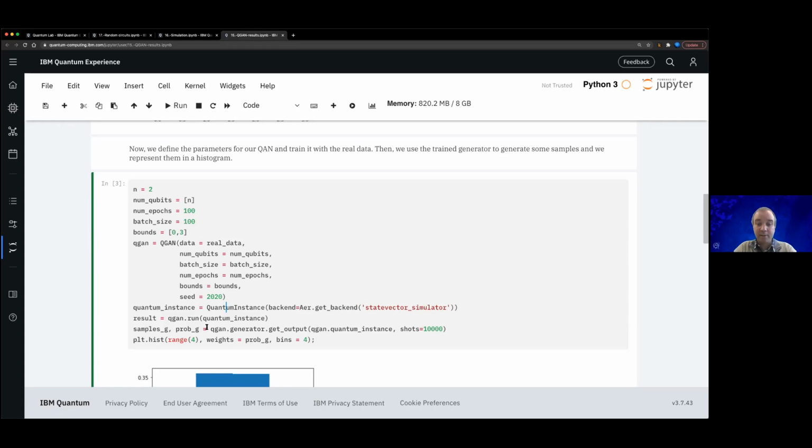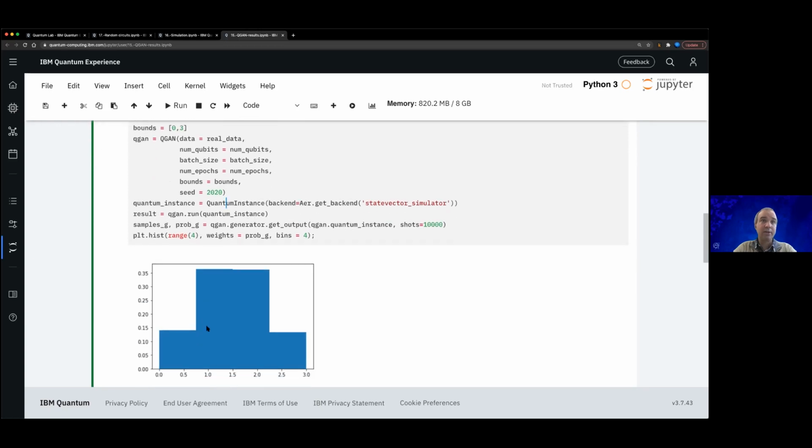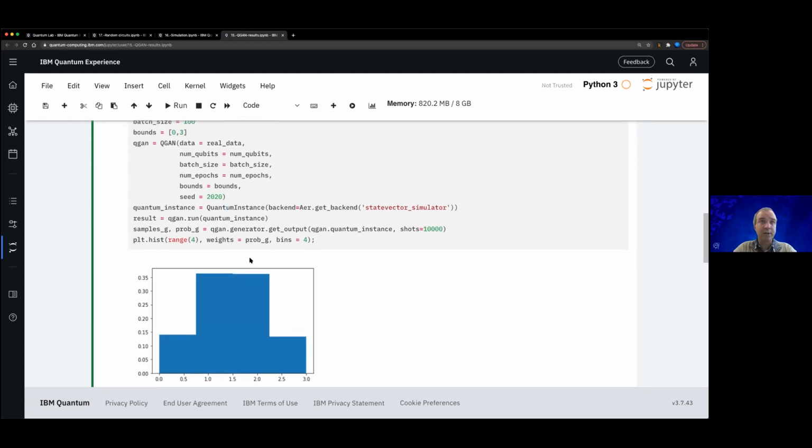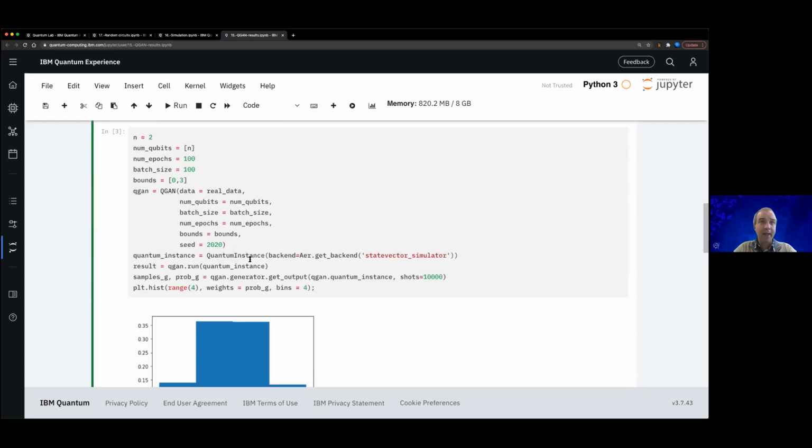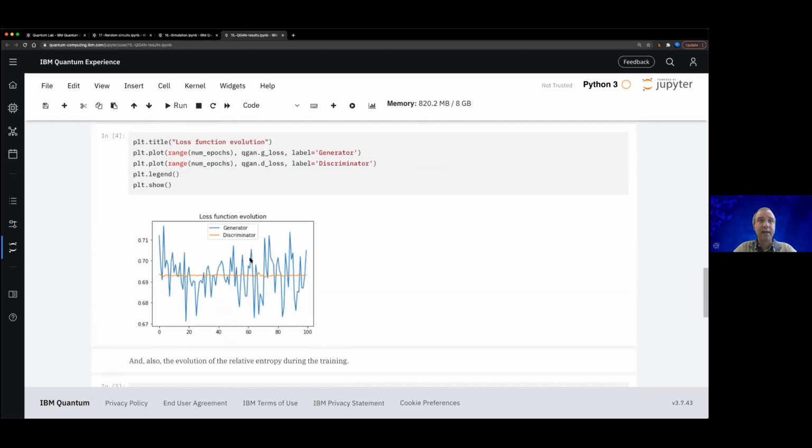And then with a quantum instance, I can run this algorithm and obtain samples from the generator that has been trained in order to compare the output of the network with the training data. Okay, so in this case, what I obtained was this histogram, which is very similar to this one. And in fact, you can see that during the epochs, the generator and discriminator change the value of the loss function, but they oscillate around a value which is typical for training of classical generative adversarial networks.